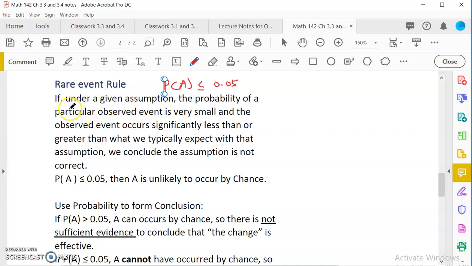The rare event rule goes like this. If, under an assumption, there must be an assumption, using this assumption you calculate the probability of an observed event. That means the thing you have observed has happened. Notice that's the difference between statistics probability and real probability.